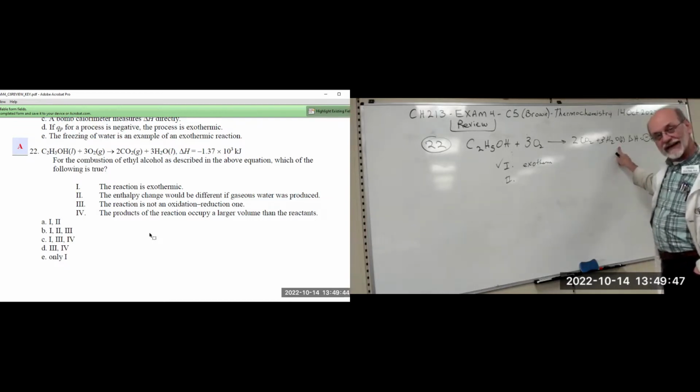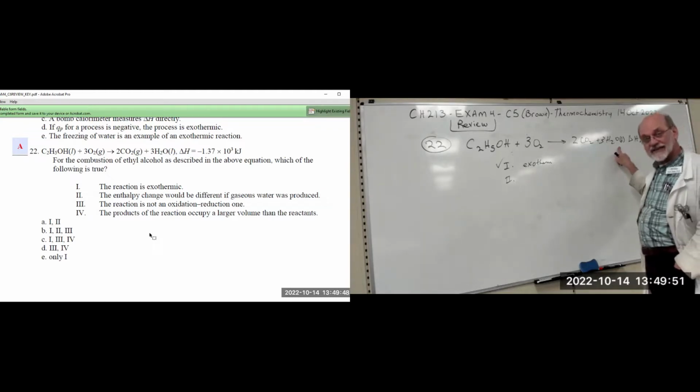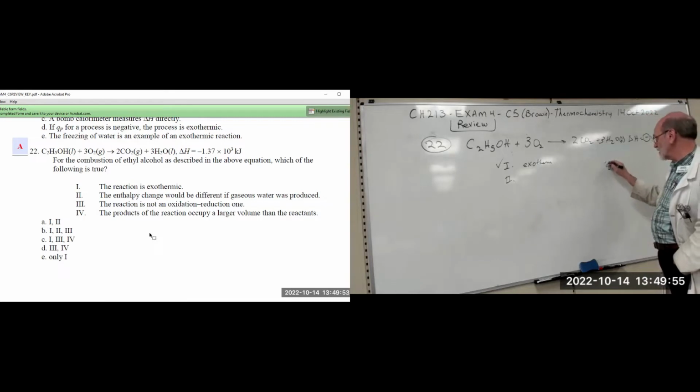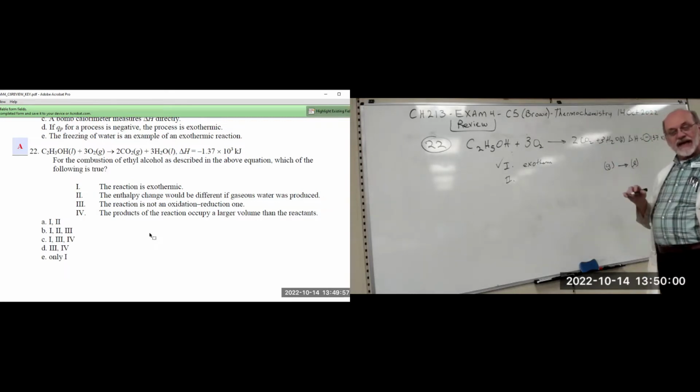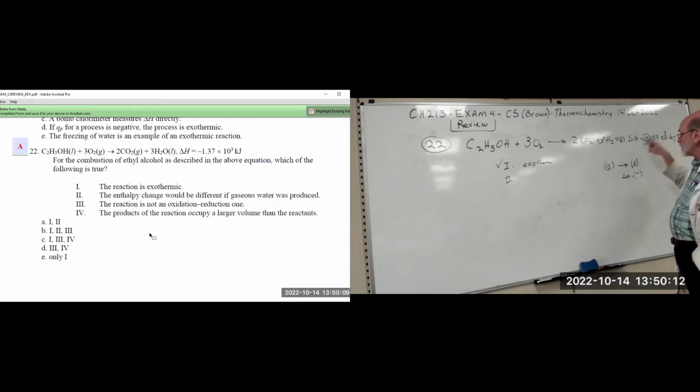Well, if we make it a liquid under standard conditions, what has to happen? If you go from a gas to a liquid, that is an exothermic process, right? So delta H is going to be more negative. So this value should be more negative than it is if this were a gas. No, excuse me.